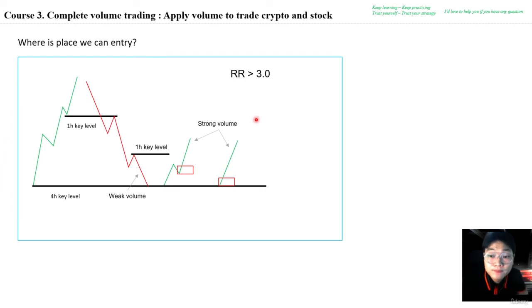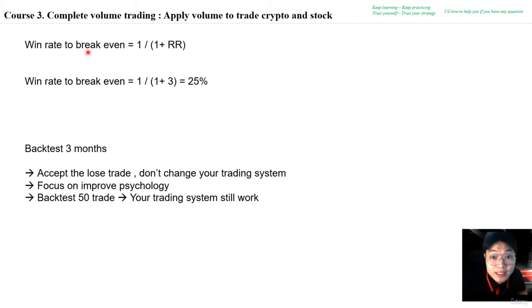And at this time, one small thing you also need to understand is the reward risk ratio. The reward risk ratio for the investor or the trader normally will be more than 3 times. We need to control the reward risk ratio because the win rate to break even is 1 divided by 1 plus the reward risk ratio.